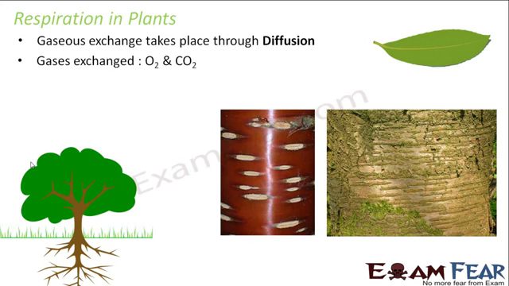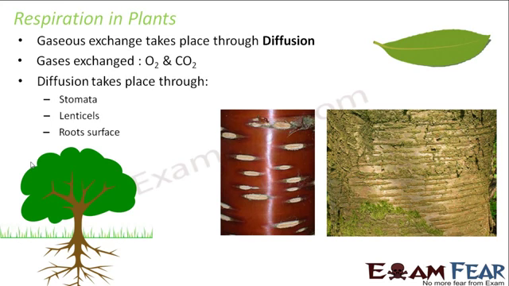So oxygen was a product and had to be thrown out of the plants. Again in respiration we saw that oxygen is utilized, so the plants need to intake oxygen. And in respiration carbon dioxide is produced as a byproduct, so it needs to be thrown out. So these are the two gases which are mainly exchanged in plants during photosynthesis and respiration.